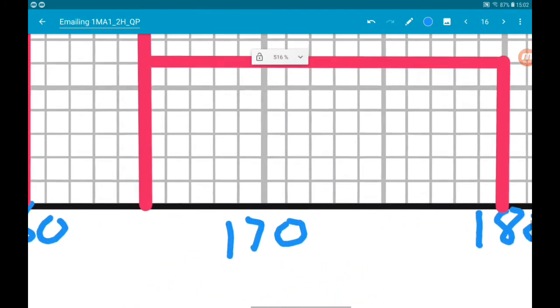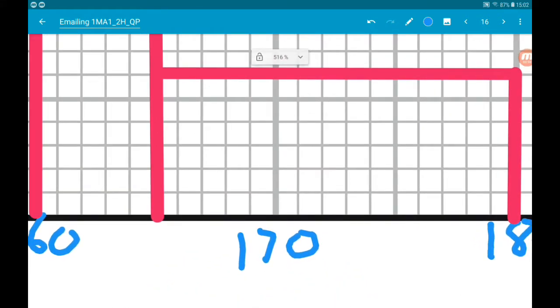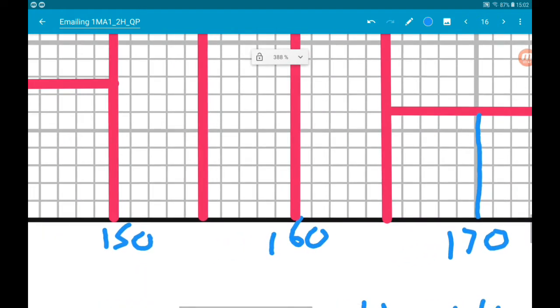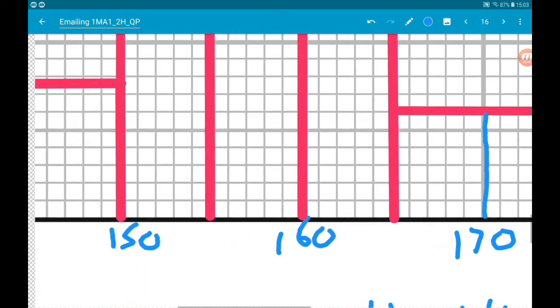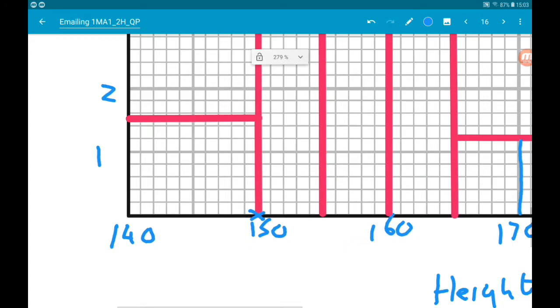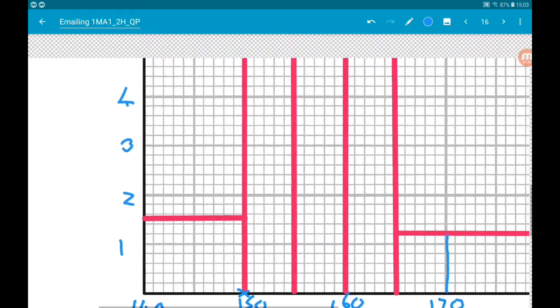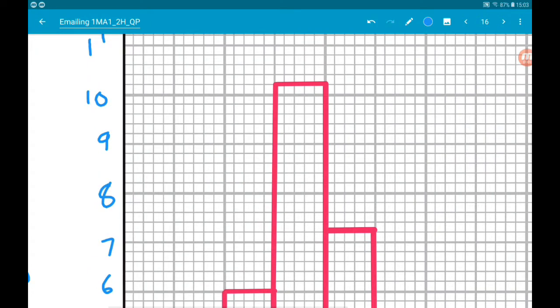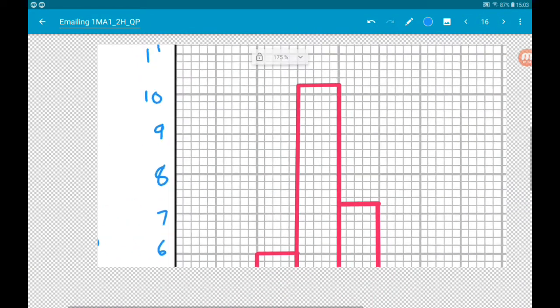So 170 is here, and 150 is here. So we already know that we're going to have these 3 bars in the middle.